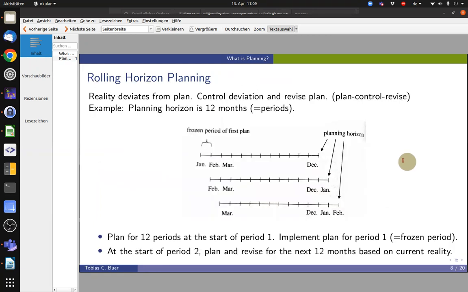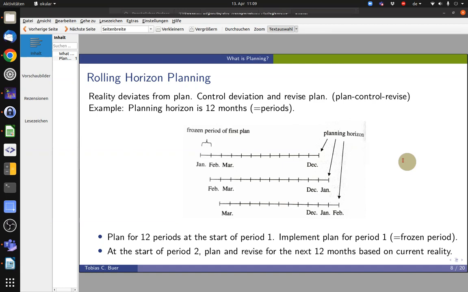One way to deal with the uncertainty in planning, more on the midterm planning level, is called rolling horizon planning. So we create a plan, for example, for the next 12 months. We start to implement the plan for the first month of this planning horizon.